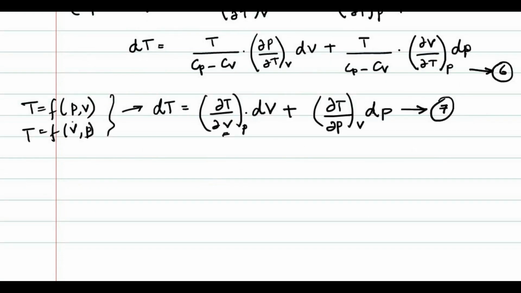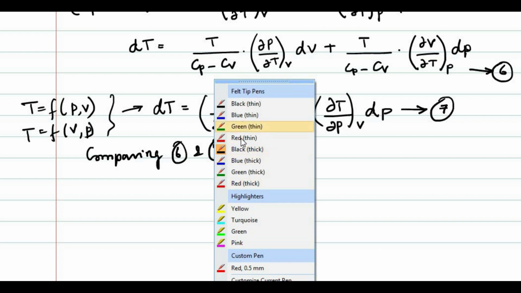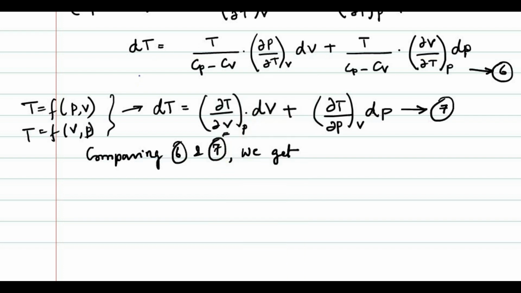So comparing equation 6 and 7, we get: both are dT, and on the right hand side I have dV here, dV here, dP here, dP here. So before dV, what are the terms? This term will definitely be equal to this term.